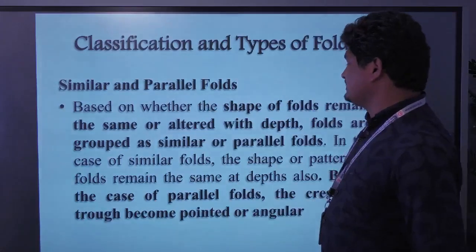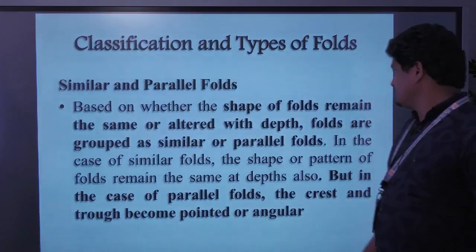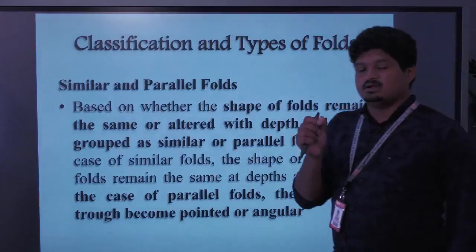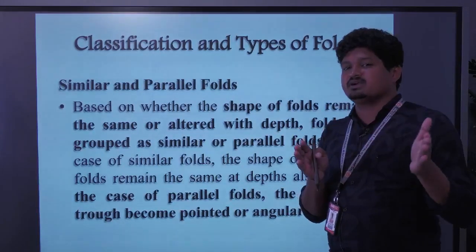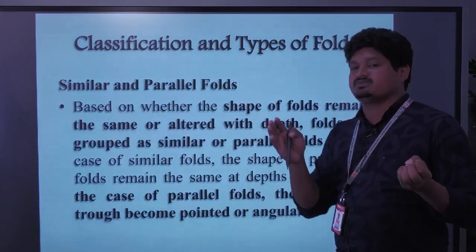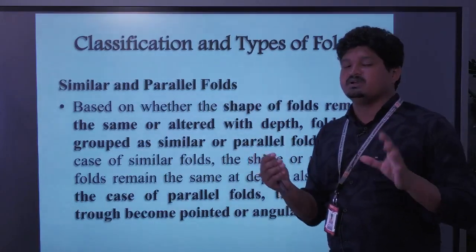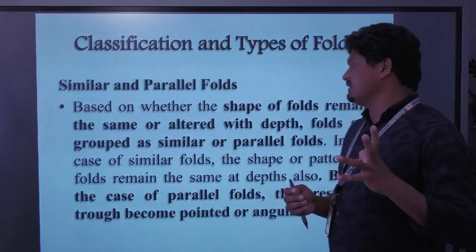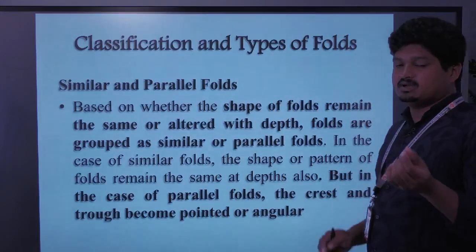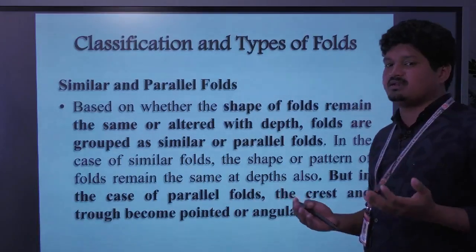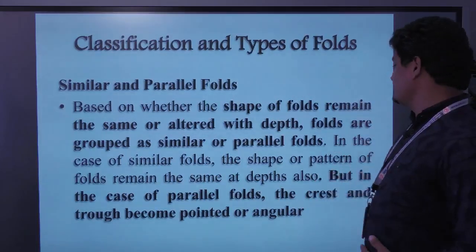Based on the shape of the fold, in similar folds the shape will be lengthened at the crest and trough and the anticline or syncline side. In parallel folds, at the crest and trough and the anticline and syncline, an angular shape will be identified.